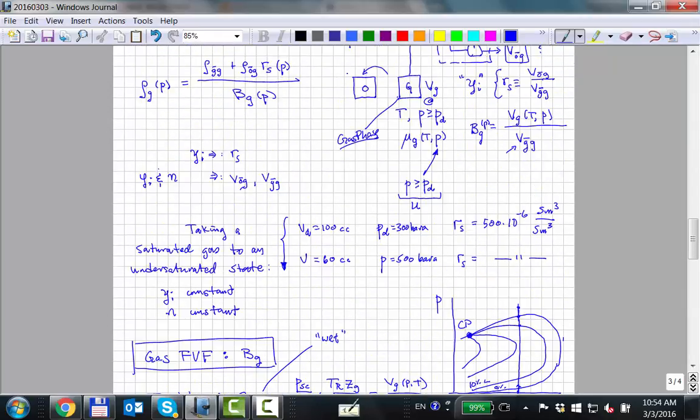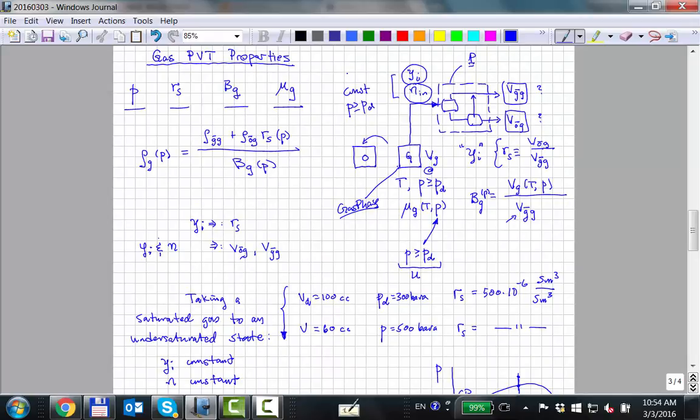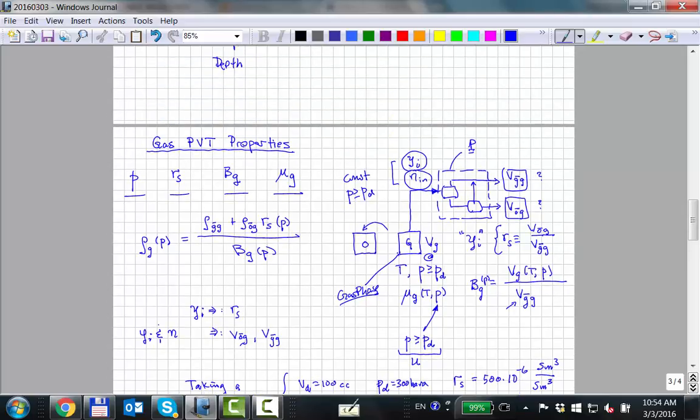So sometimes we use the concept of a surface wet gas well stream.